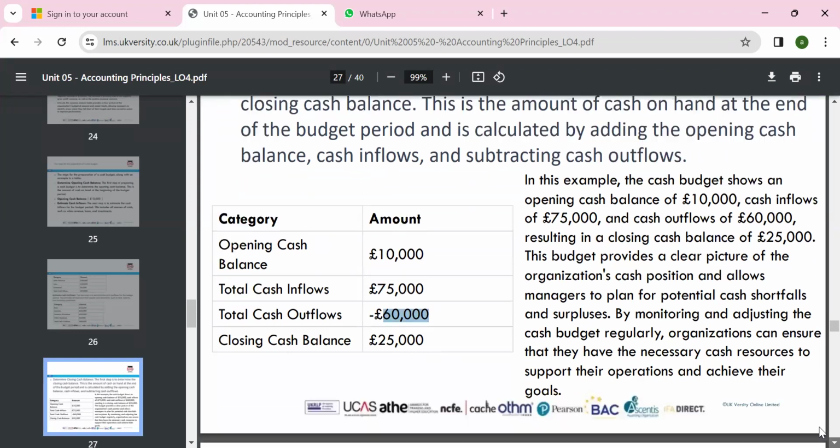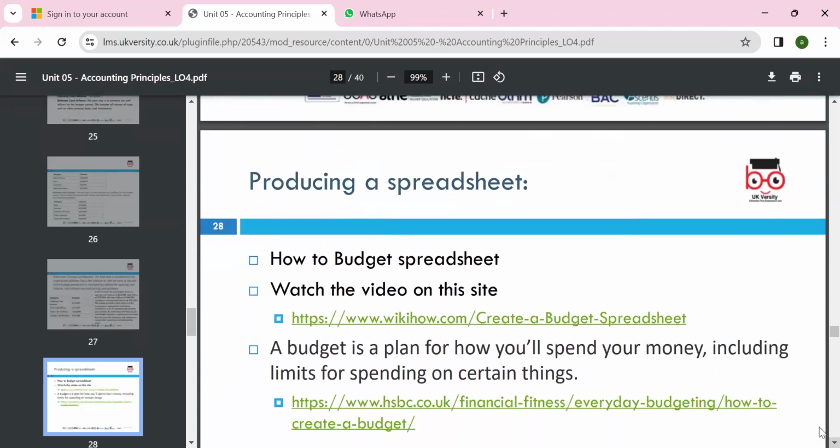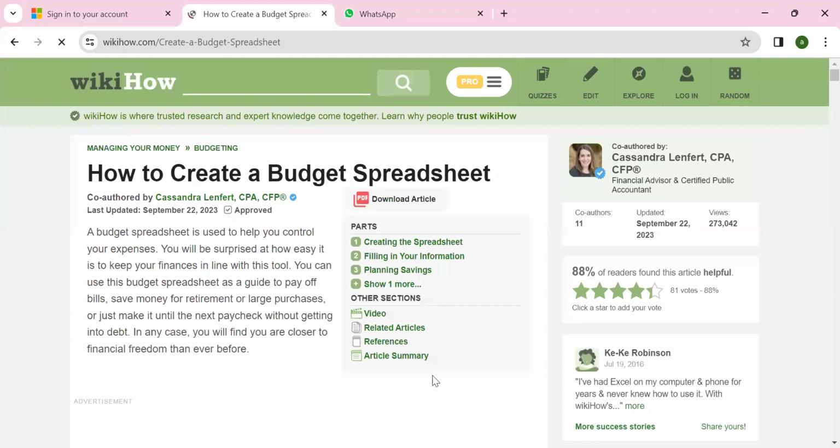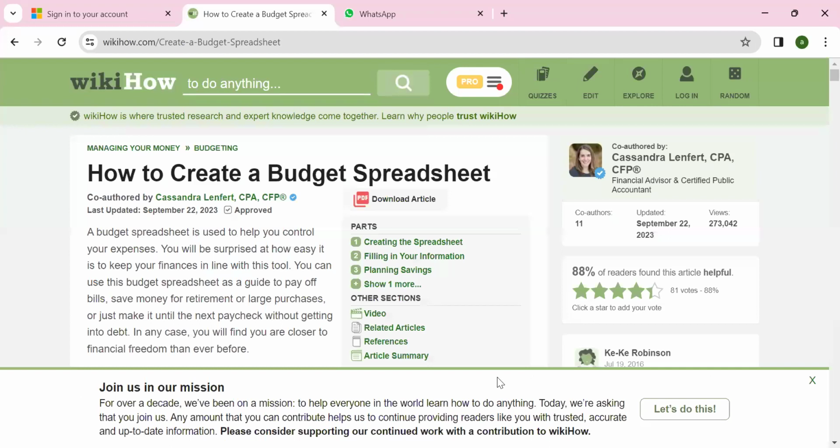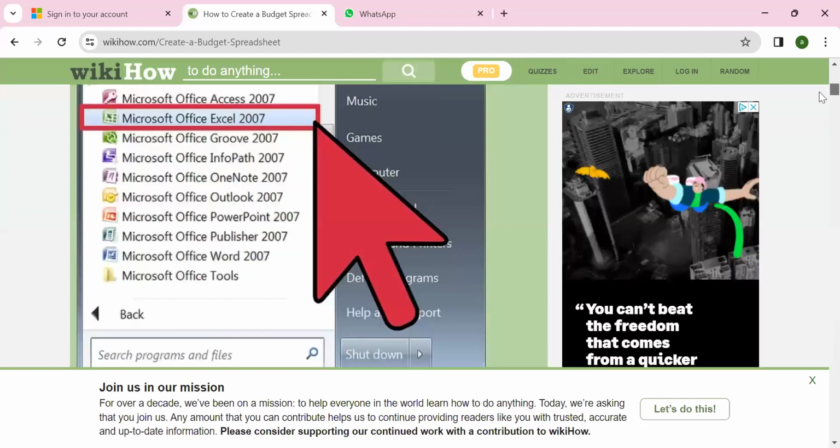So we can look at the closing balance, and we can use sheets to prepare it. In Excel, we've been given a sheet where we can create the budget. I can give you a separate template for the budget, and we can use it for the assignment.